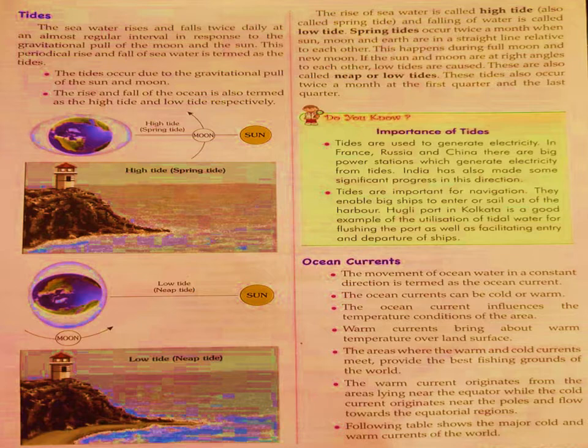This periodic rise and fall of the sea water is called tides. So it rises and falls twice daily, at regular intervals, because of the gravitational pull of the moon and sun.